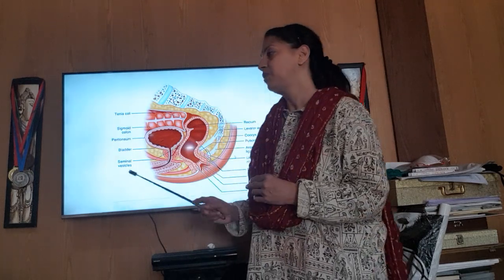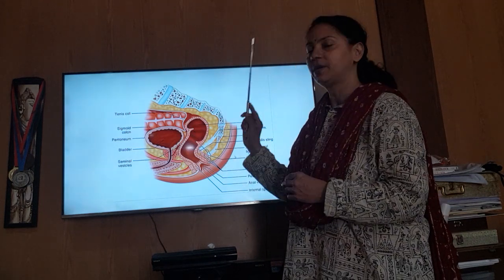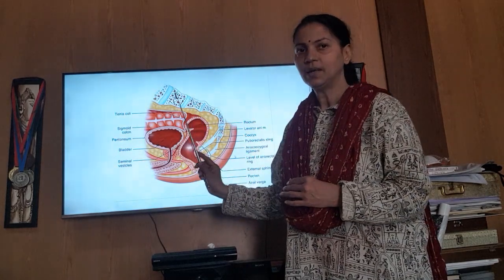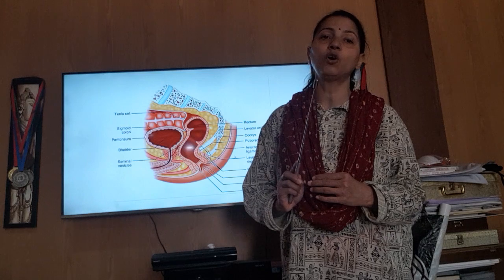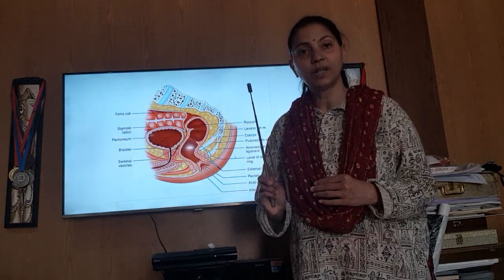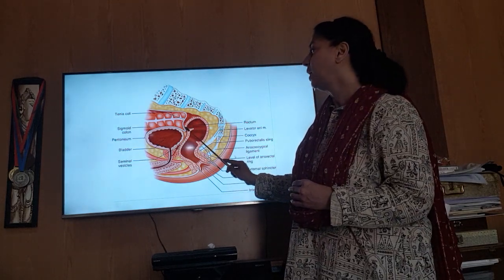So the upper 1/3 of the rectum in females is related to the same thing, the pouch, but there the pouch is called the pouch of Douglas or rectouterine pouch. It also contains sigmoid colon and loops of intestine.